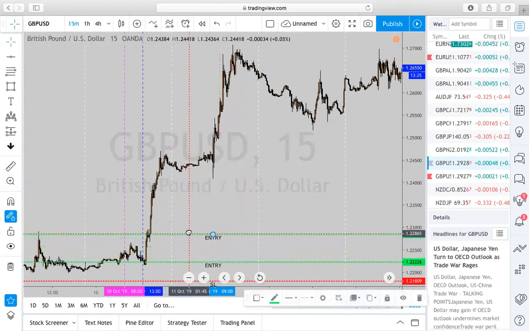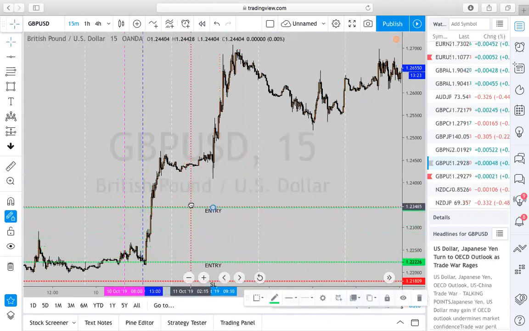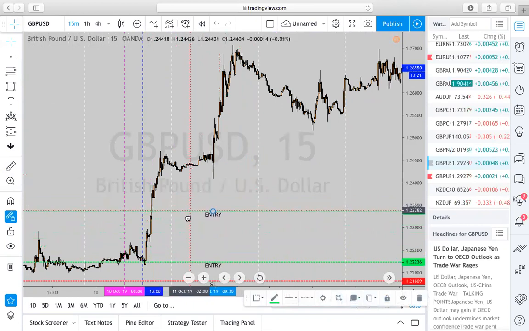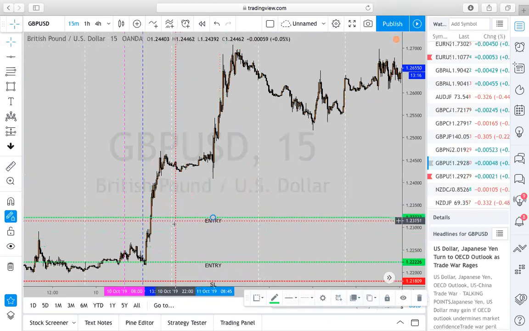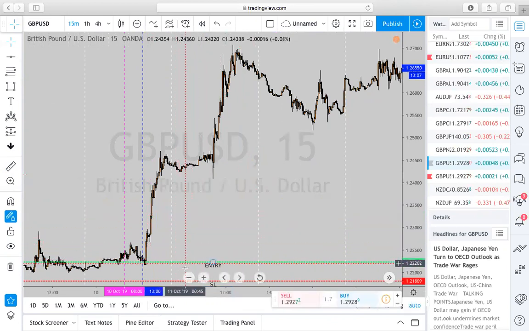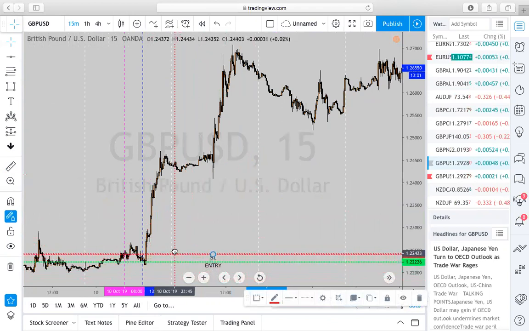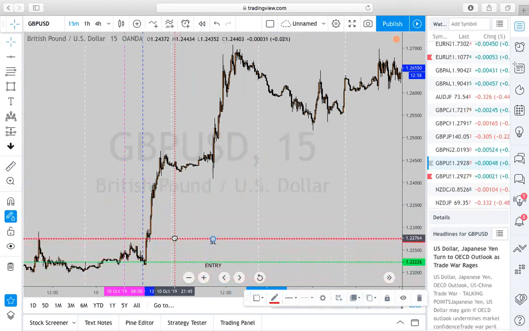Say the market moves up to here, and there's 50 pips right here. I will then close one of my trades out and take this money. Boom. Now, the other trade that I have open, I will move my stop loss above its entry, making my trade a risk-free trade.